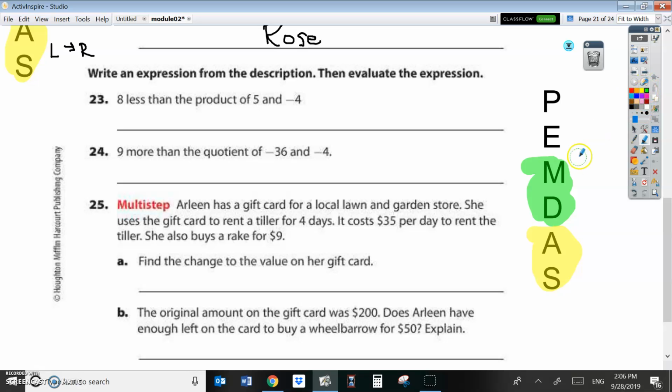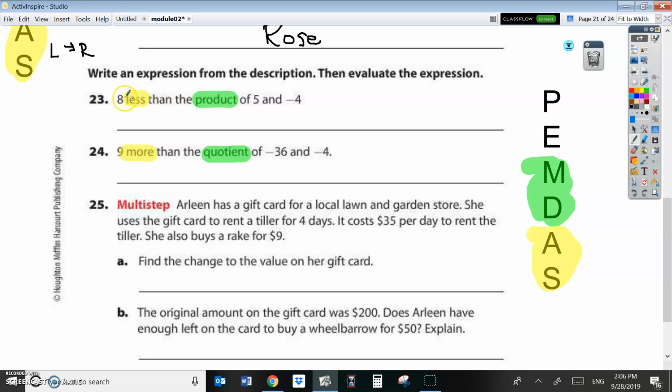So, let's put in the words that mean multiply. Product means multiply. Quotient means divide. Less means subtract. More means add.